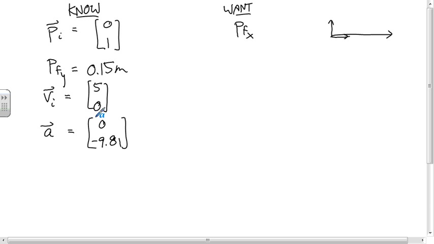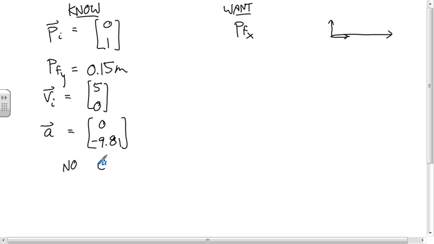Nope, don't know that. So are there any equations that have pfx in it and everything else is known? That's right, exactly. Nothing works here, so we're going to find an equation that lets us solve for TF.